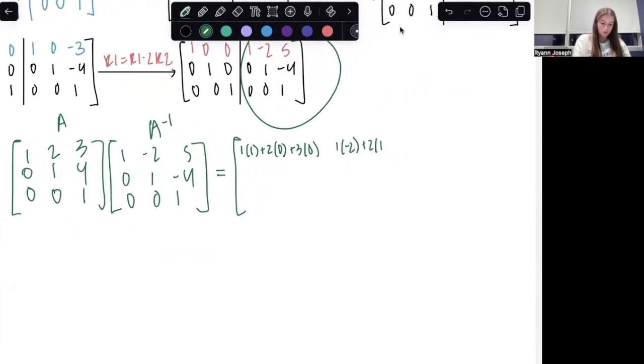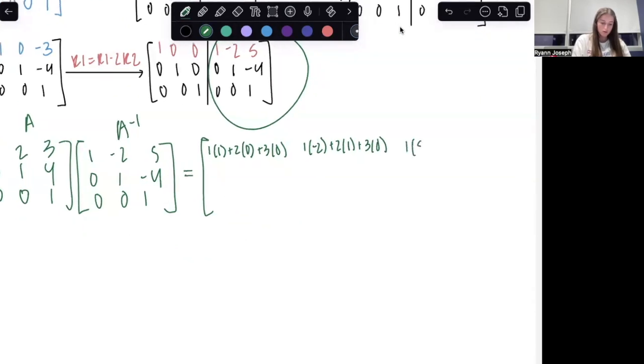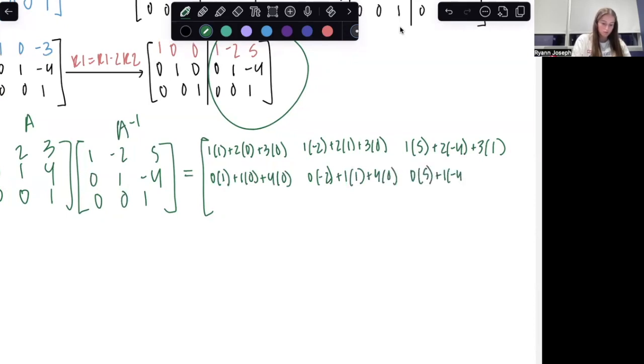Computing the entries: 1 plus 2, 1 plus 3, 0, 1, 5 plus 2, negative 4 plus 3, 1. Row 1 plus 0 plus 4, 0, 0, negative 2 plus 1. Then 0, 0, 5 plus 1, negative 4 plus 4, 1.